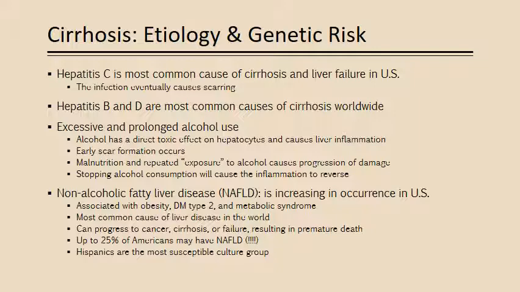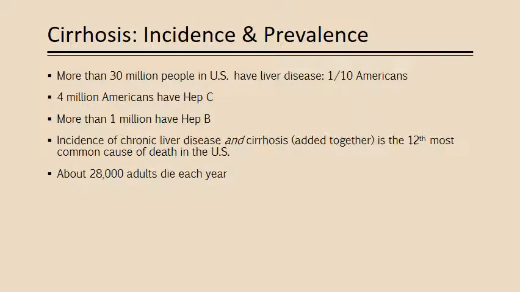And this is amazing when I read this. Up to 25% of Americans may have non-alcoholic fatty liver disease. I never heard of it, and now all of a sudden everybody's got it. Hispanics are the most susceptible cultural group. And that's interesting because they actually eat pretty well, I thought. I don't know, rice, beans, tacos.